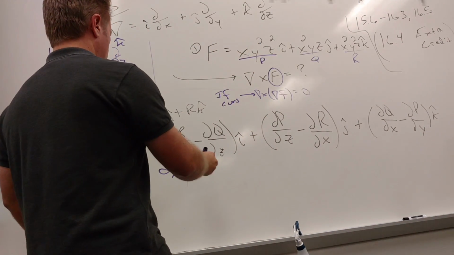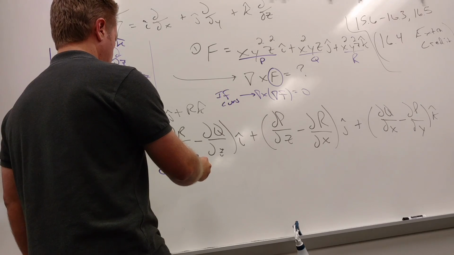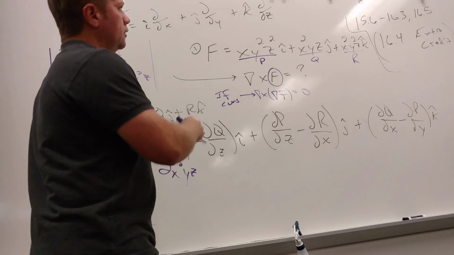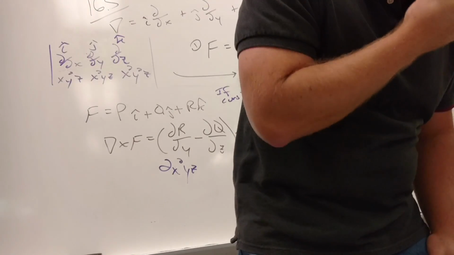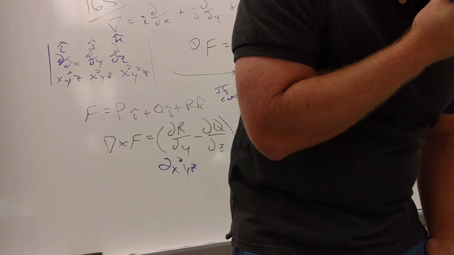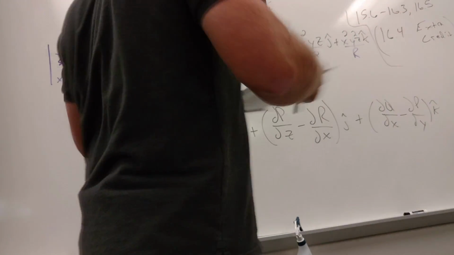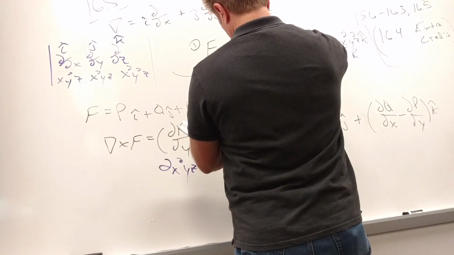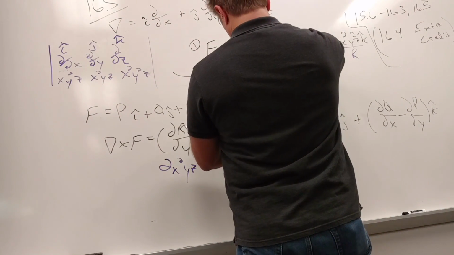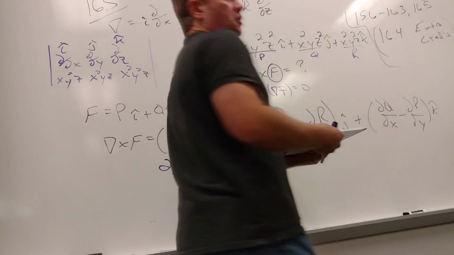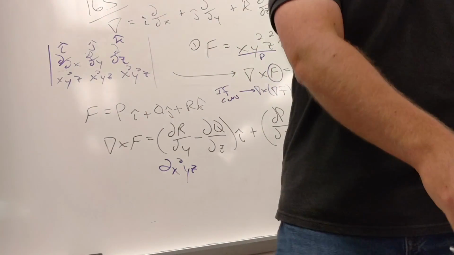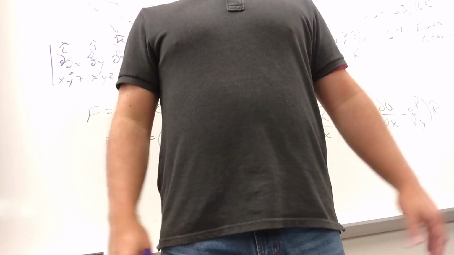Well, that doesn't look hopeful. Is Q missing a square on the z or something? Let's see. Like I said, they could get it wrong back there. x, y squared, z squared. x squared y. Oh, this is missing a square there. All right, x squared.